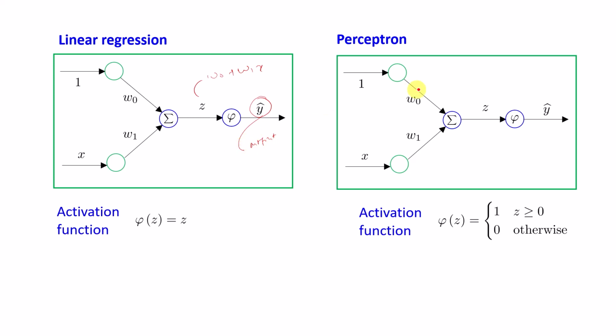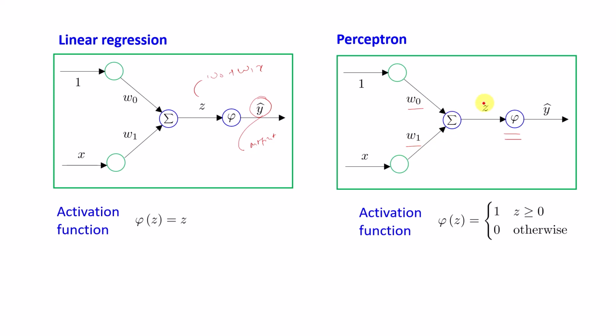This is simple linear regression. In case of a perceptron, we are not interested in such regression, although perceptron is very similar in every other aspect, but here the activation function is different. The activation function gives a binary output. Here again, just like regression, the 1 and x come as input. They are multiplied with w0 and w1 respectively.